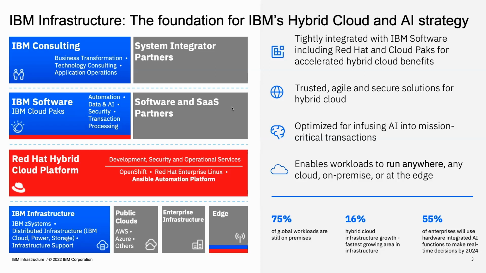Many of them have many different types of application infrastructure. They are adopting a lot of different clouds, whether public cloud or private cloud. And IBM infrastructure is the foundation of the hybrid cloud and AI strategy, because we see the tightly integrated IBM software, including Red Hat and CloudX, for accelerating hybrid cloud benefits.